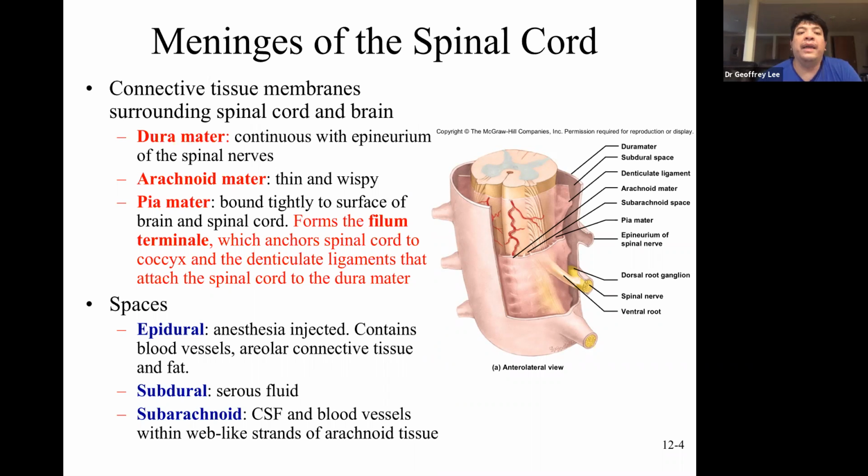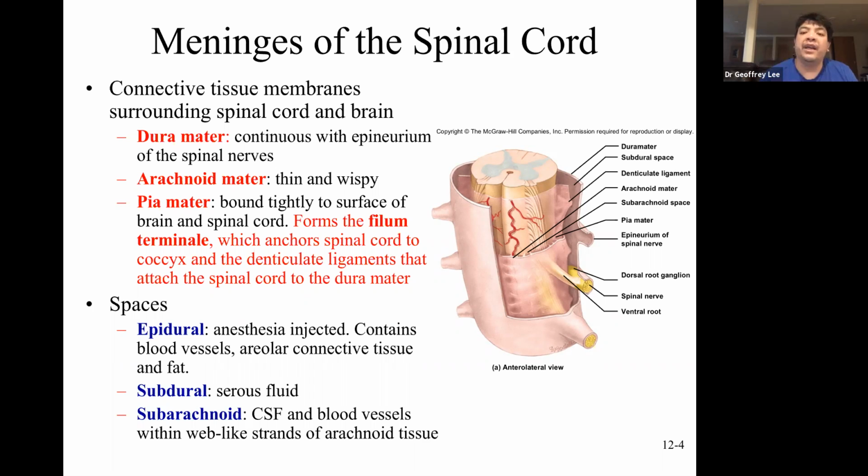Like in meningitis, these meninges are continuous with the brain. In the spinal cord, they go up through the foramen magnum and completely enclose the brain too. The dura mater is the most superficial, external-most layer, real tough, real smooth.